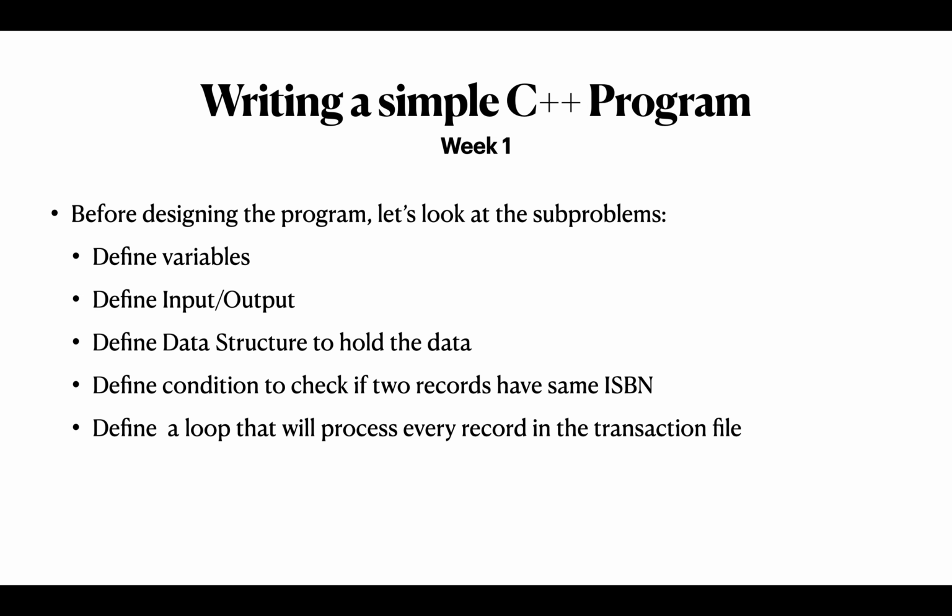Although we haven't yet designed our program, it's easy to see that it must define variables, do input and output, use a data structure to hold the data, test whether two records have the same ISBN, and contain a loop that will process every record in the transaction file. We'll start by reviewing how to solve these subproblems in C++ and then write our bookstore program.